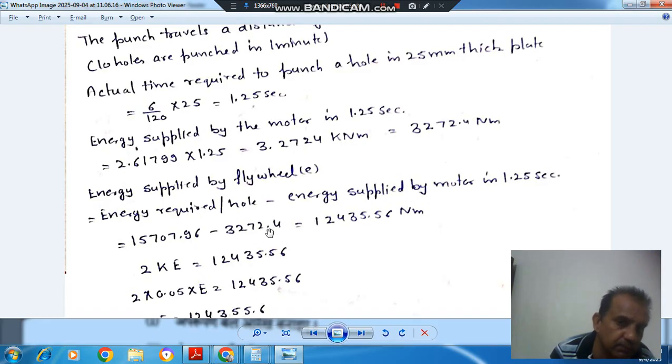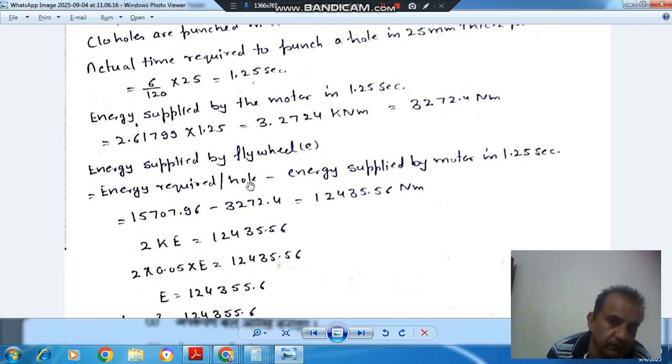So the rest of the energy will be supplied by the flywheel, which is stored in the rest of the cycle except this 1.25 seconds. That is also the fluctuation of energy of the flywheel, represented by small e. So it will be 15707.96 minus 3272.4.